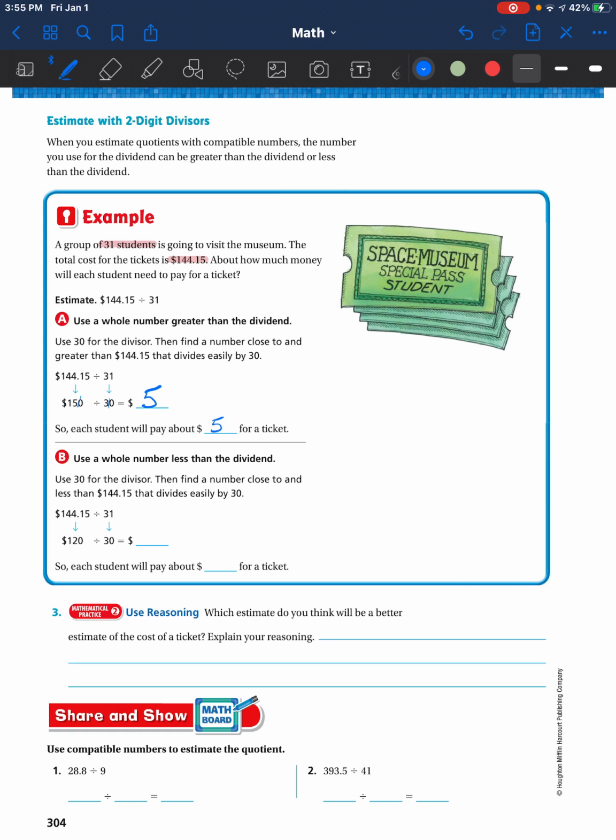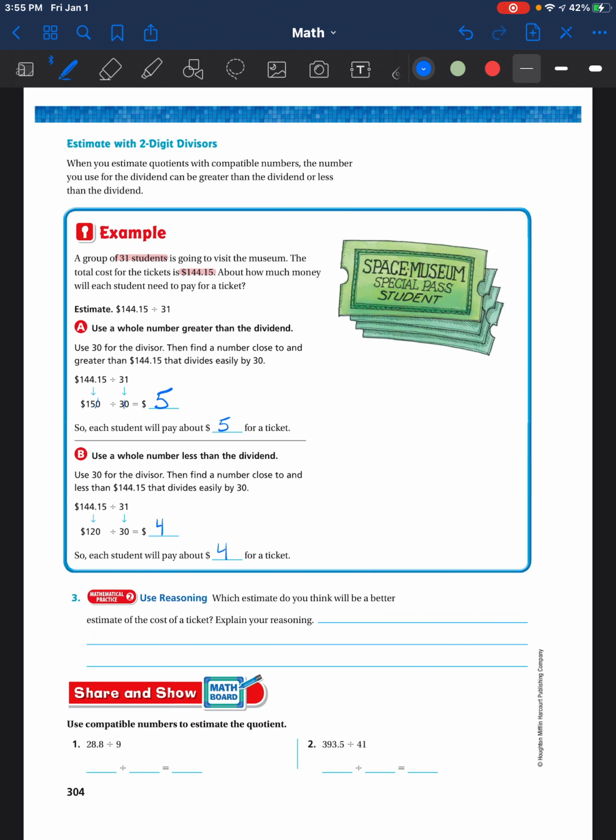In this case, we would have gone with the lesser of the two, which would have been 12, which in our case would be $120. So 12 divided by 3 would have been 4. So we now know it's going to be between $4 and $5 for the students to attend if we're just estimating. So as a parent, I would always just send them with more because you'd rather them have more than not enough.